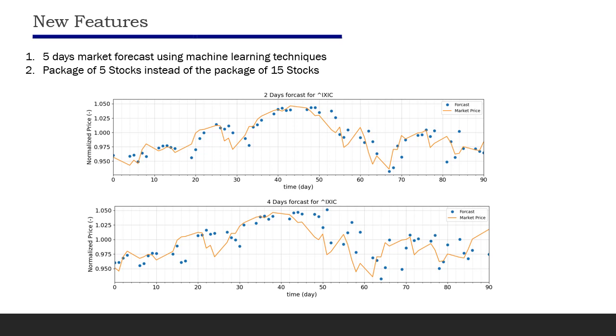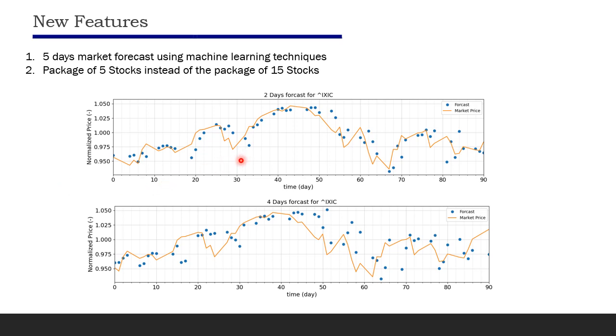One of these features is market forecasting using a machine learning technique. In this technique, I trained a machine learning tool with different market indicators in the past to forecast the future. Here, for example, you can see the market forecast for the Nasdaq Composite for a duration of 90 days.